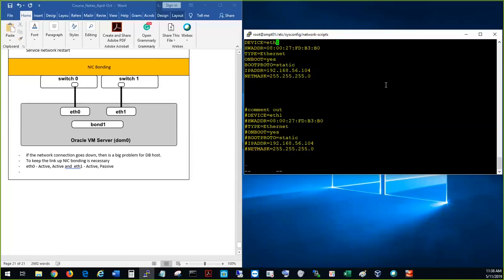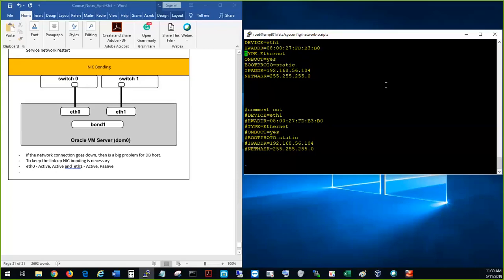Then what I don't need here is the hardware address, and I don't need the Ethernet type. What you could do is, you know what? Let me leave the hardware address on for now. We'll see if you need to remove it or not.